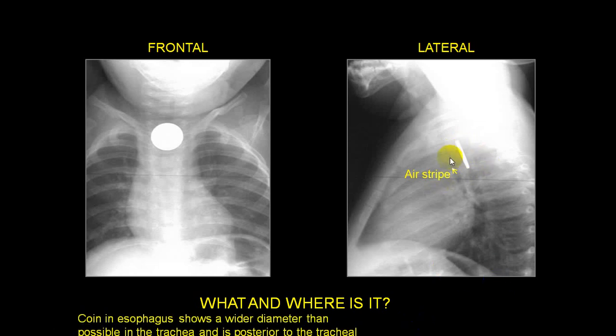If it is in the trachea, it will be seen here. So this is a coin in the esophagus. Such a big coin cannot enter the trachea. See the size. So one, on the size you can identify, and second, in a lateral view, if it is behind the trachea, it will be in the esophagus.